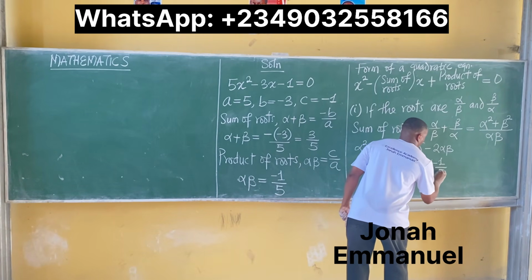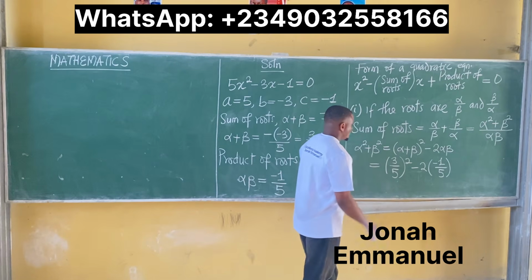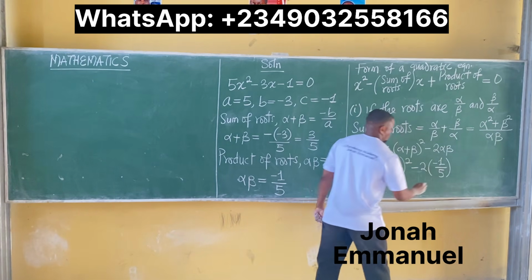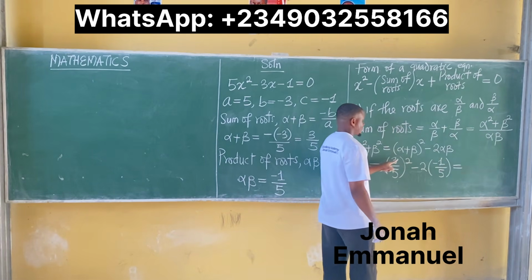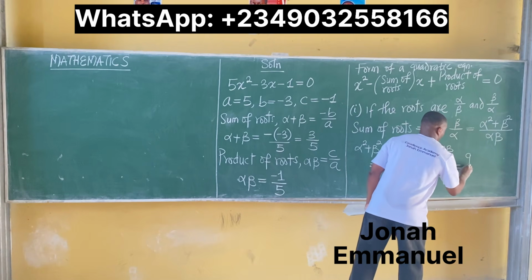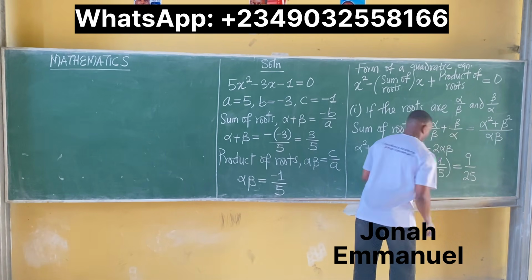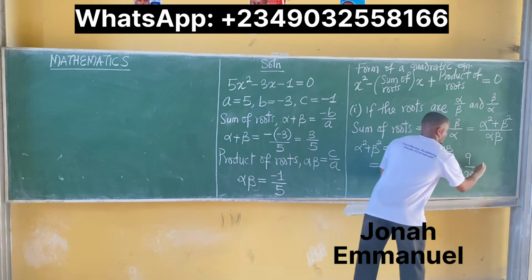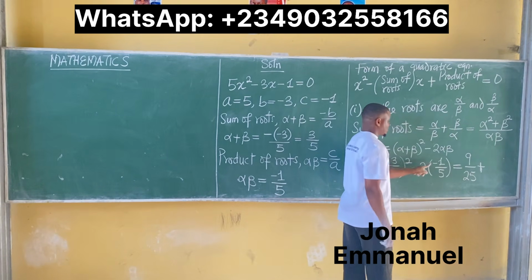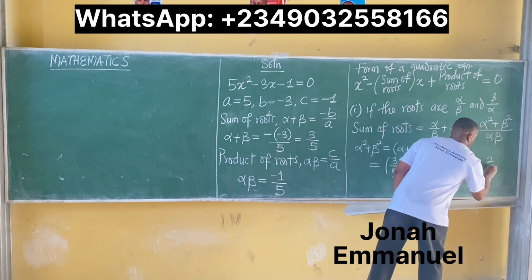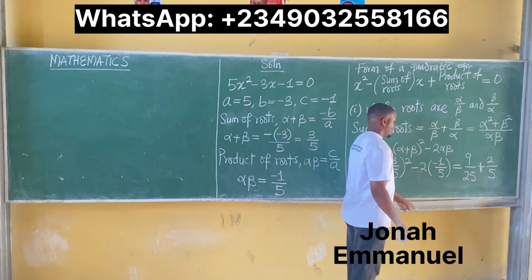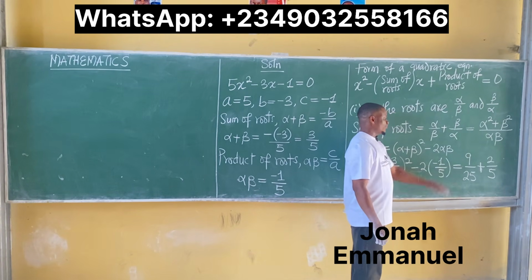So multiplying through, this is equal to 3 squared is 9 all over 5 squared is 25. Minus times minus is plus. 2 times 1 is 2 all over 5. So minus 2 times minus 1 over 5 gives plus 2 over 5.